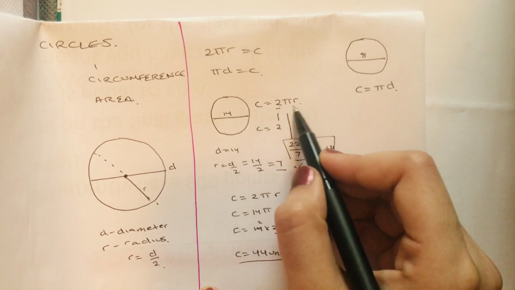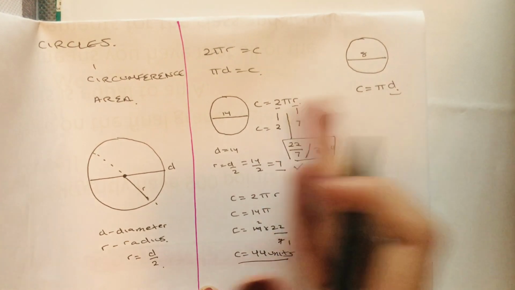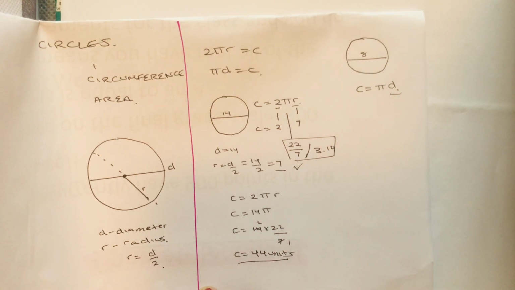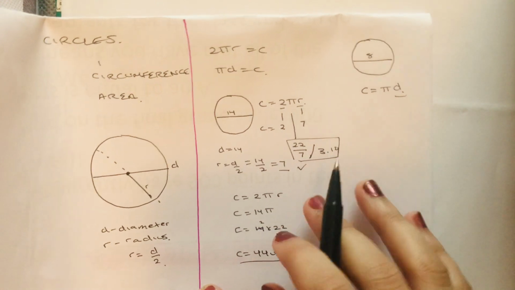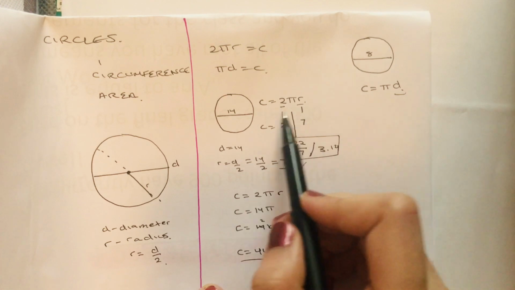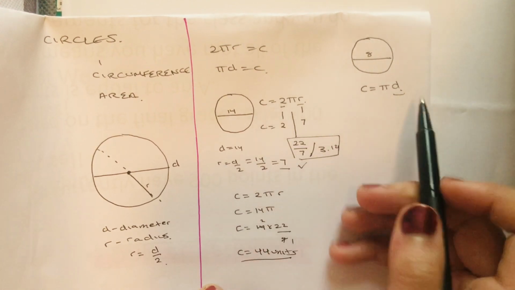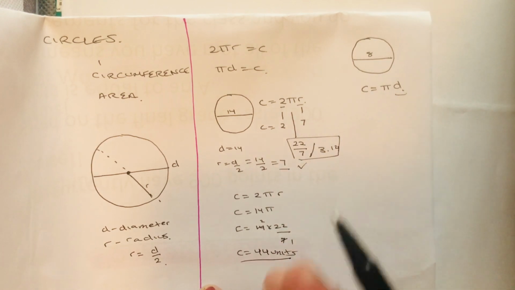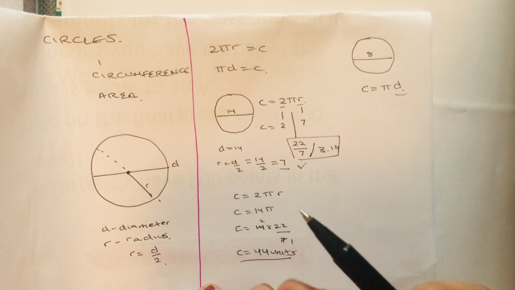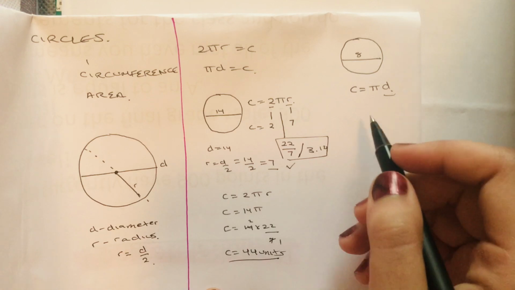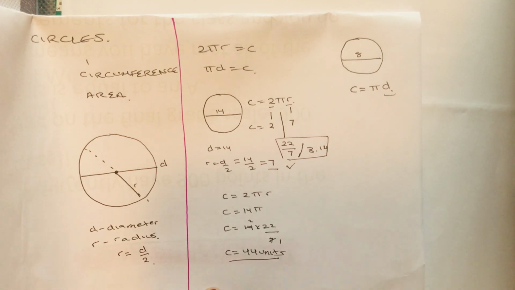This has 2r and this has d. The pi is constant in both formulas, okay? If you look at it closely, this has d and this has 2r. And we know that 2r is equal to d, right? So now you know it's nothing actually different. It's the same thing written in a different way. Okay. Back to your question.